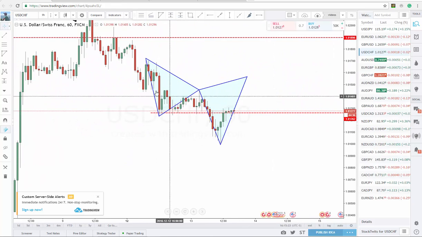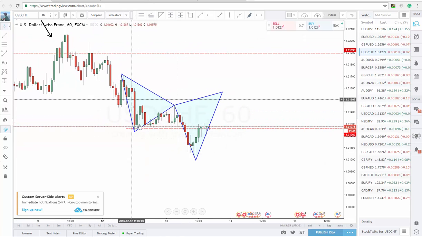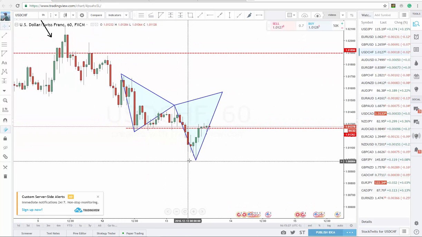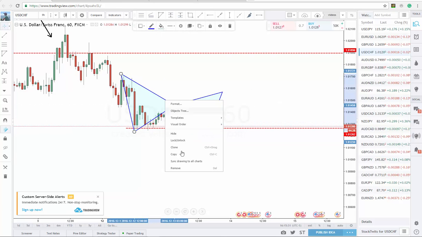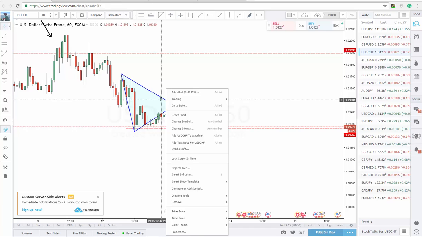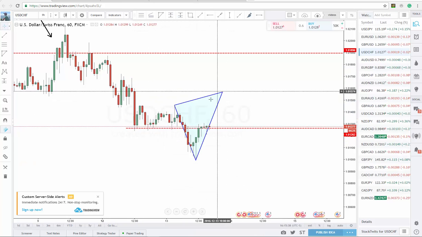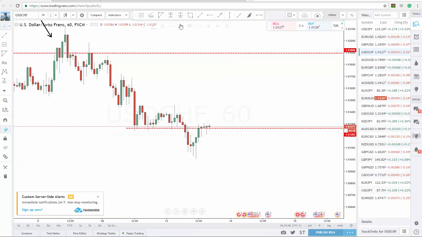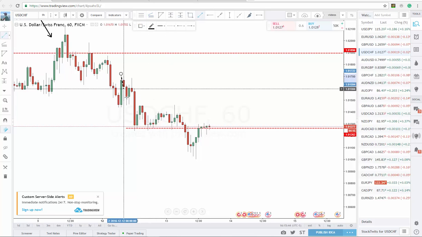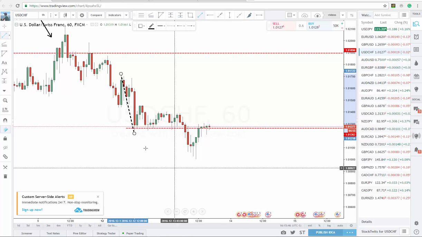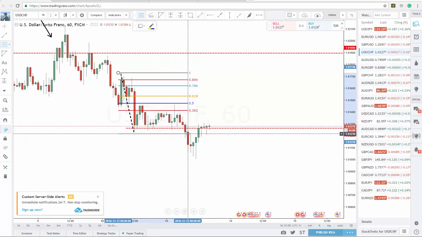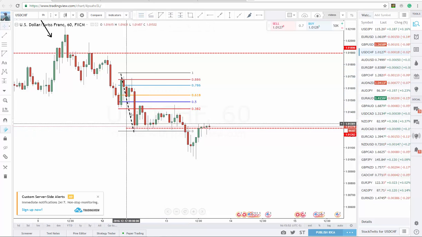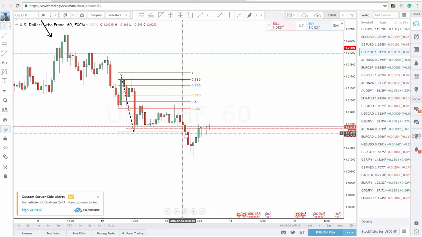And now, after breaking a couple of different support levels, we've put in an extension of 127 after an impulsive move down. I'll just go ahead and delete the pattern first. As you can all tell, this is going to be a Cypher pattern. But if I just delete these drawings here and bring on my Fibonacci retracement after showing you the impulsive move I'm talking about, we have an impulse leg here, followed by, if we go from X down to A, a 382 retracement, which puts me on Cypher pattern alert.